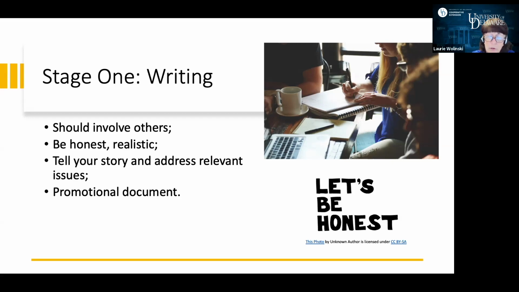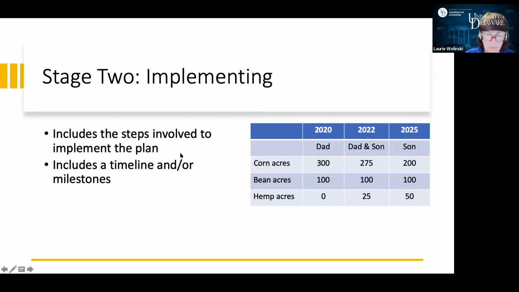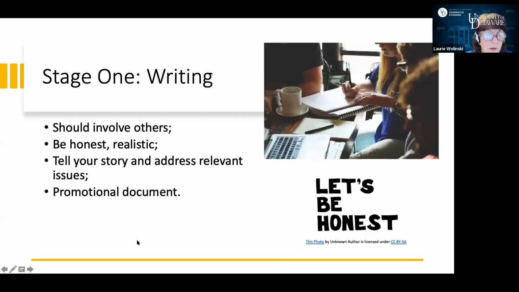So it's a personal document, but it is a business document. And it's also used as a promotional document. You might wonder what I mean by that. You will more than likely at some point want to get a loan, and your business plan will promote your farm, your business, to a loan officer so that they can see how your business is doing on paper.